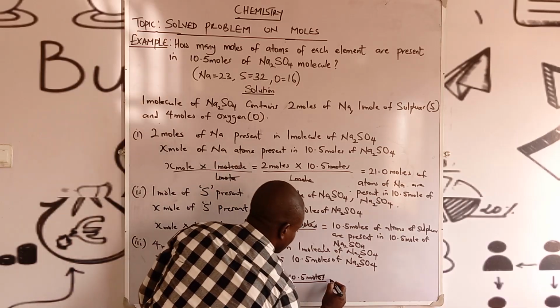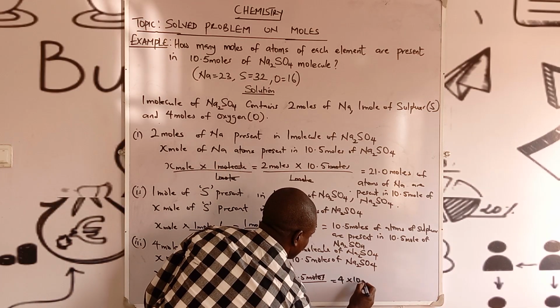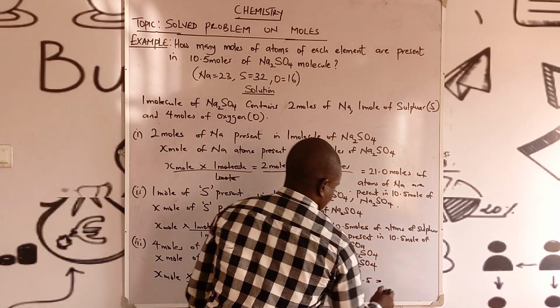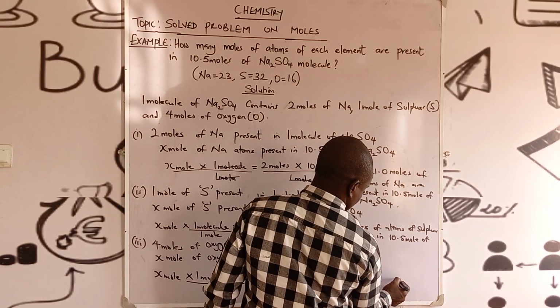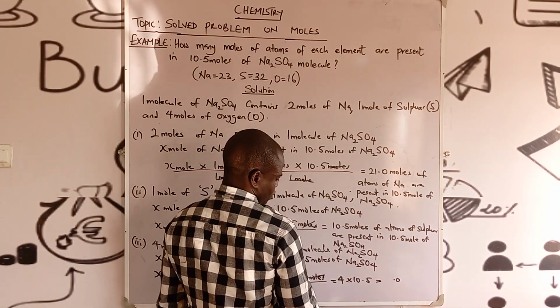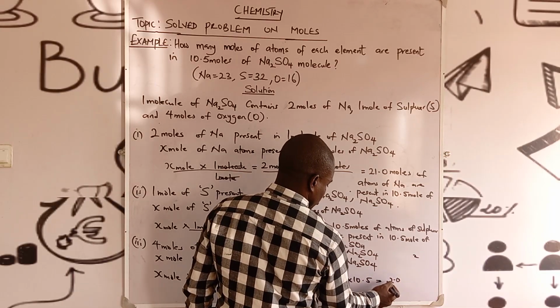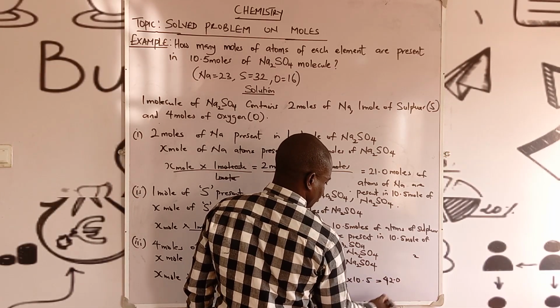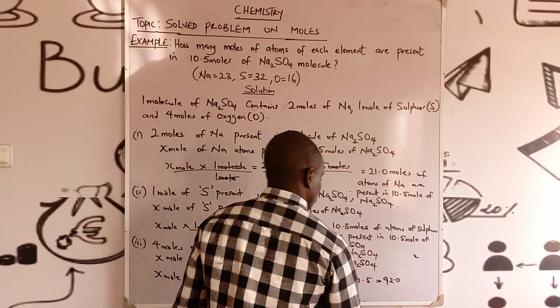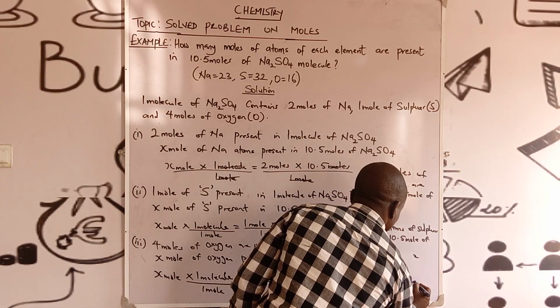Cancel out. We are left with 4 times 10.5. 4 times 5, 20, carry 2. 4 times 0, 0, that's 2. Carry 2. 4 times 1, 4. That's 42.0.